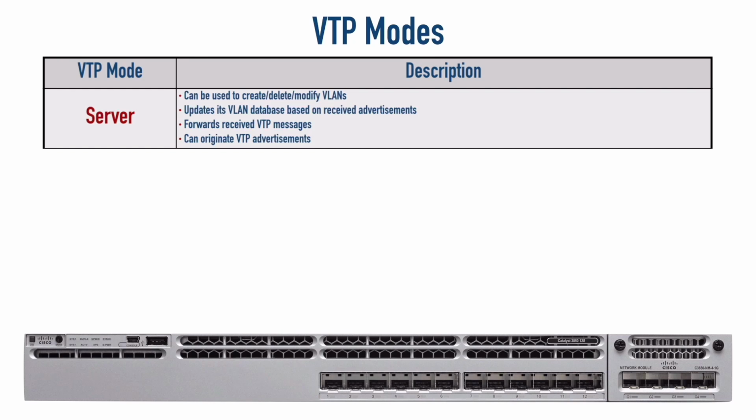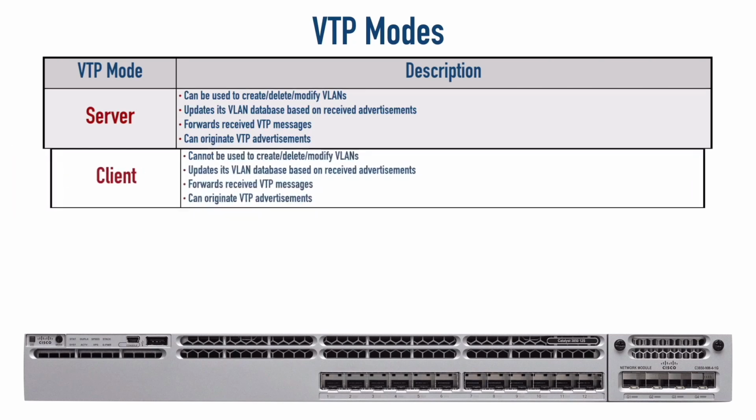So if I receive a VTP advertisement and let's say its configuration revision number is 10, but my local VLAN database has a configuration revision number of 9, then I'm going to believe the advertisement. And a server mode switch can forward VTP advertisements that it receives, and if we make a change directly on that switch configured as a server, then it can originate VTP advertisements.